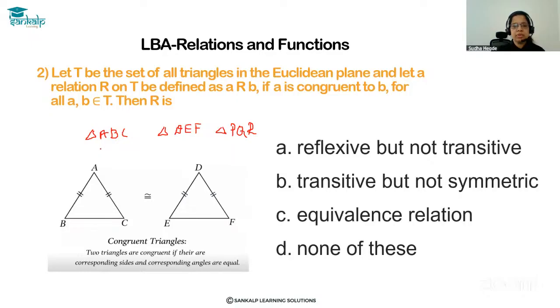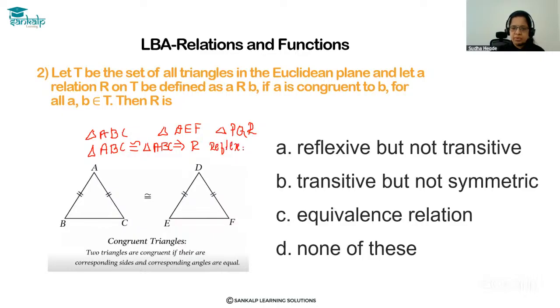Congruency means corresponding sides and angles of two triangles must be equal. Then those two triangles are congruent. Therefore triangle ABC is congruent to triangle ABC. So this implies R is reflexive.